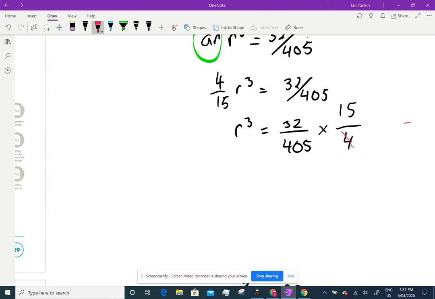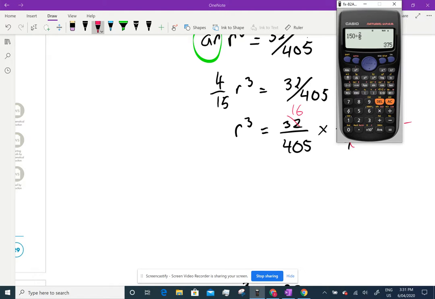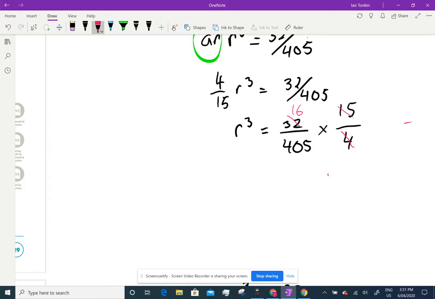And you can go to your calculator. I'm pretty sure it's going to be 405 divided by 15, 27. So R cubed equals, 4 doesn't go into 32 16 times, it goes into it 8 times.